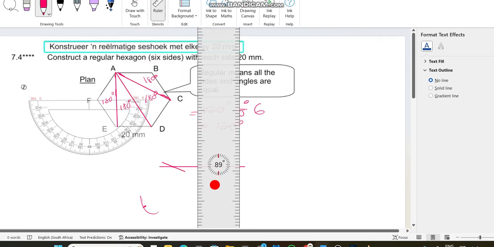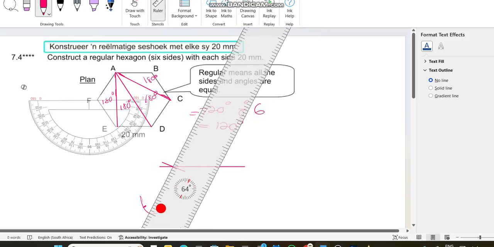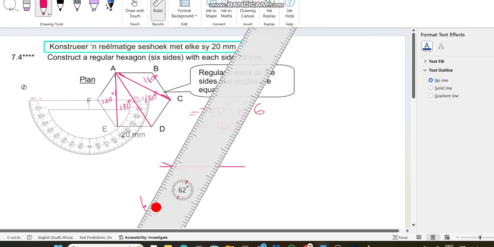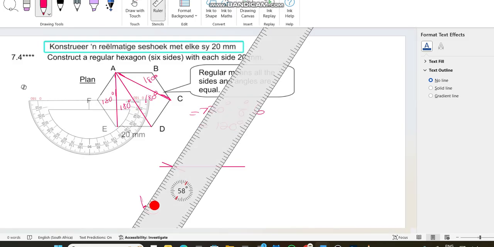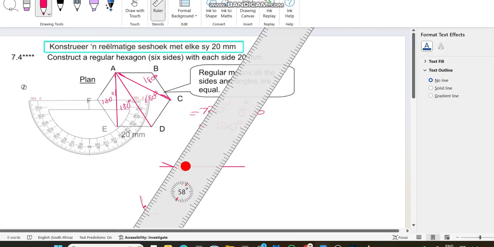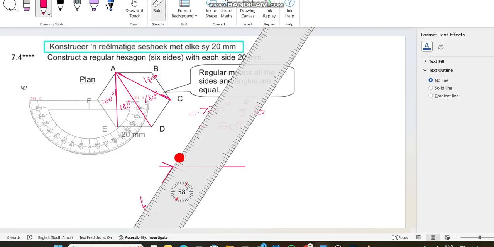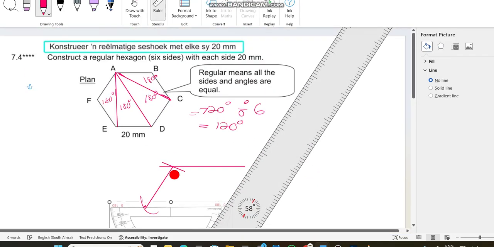So you're going to take your first line, you're going to measure out 20 millimeters, which obviously I can't do right now. But then you're going to take your line, 20 millimeters is because you already must have measured it out with your passer. And then you're going to make your line. From there on, once again, you're going to take this.